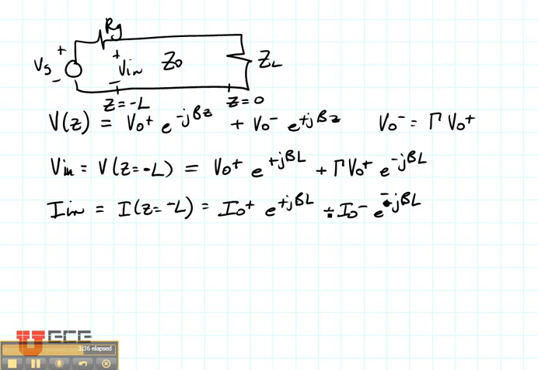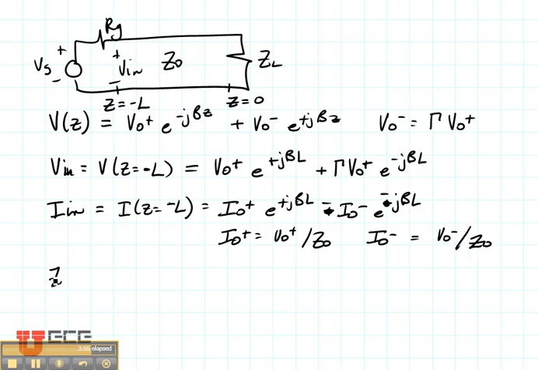I made a little mistake right there on that sign. That should be a minus. And remember that I0 plus is V0 plus divided by Z0, and I0 minus is V0 minus divided by Z0.